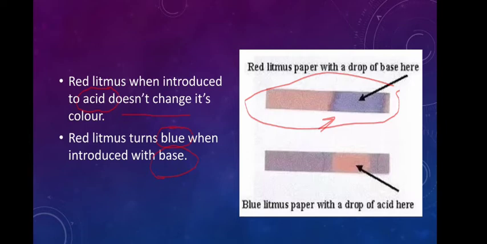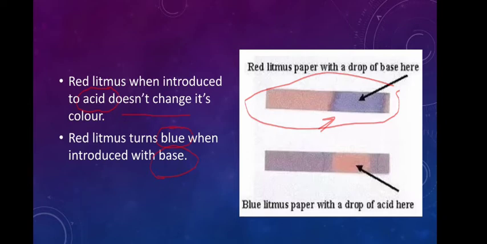Then you will do the same with the blue litmus paper, and find out whether any change in the color is there or not, and then you will write your inference, right? Okay, children. Now move on.